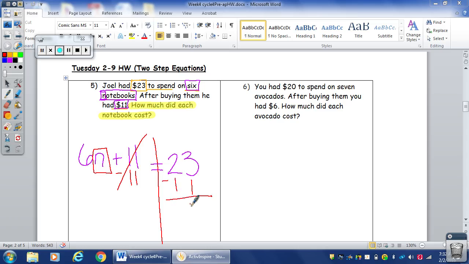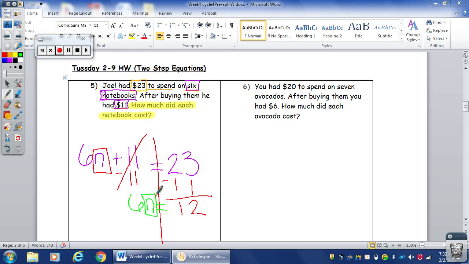So I see 3 minus 1 is 2, 2 minus 1 is 1. Okay, now I see that when I subtract 11 from both sides, I'm left with 12 on this side. Now I see that I'm still left with 6n on this side. But remember, my goal is to isolate the variable. I still have 6 attached to the variable.